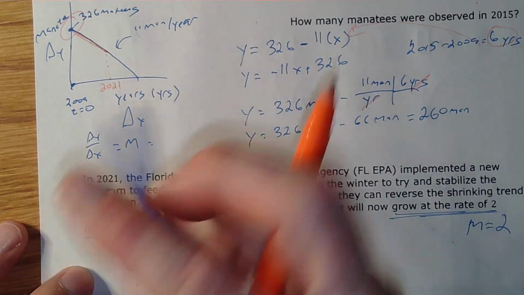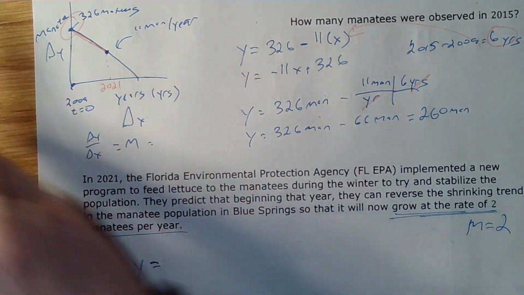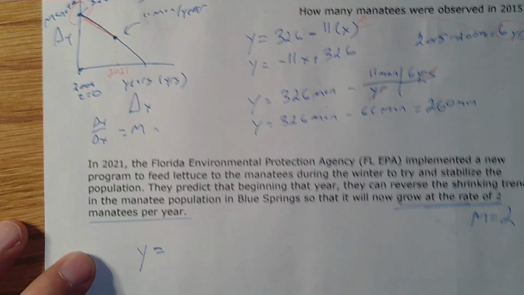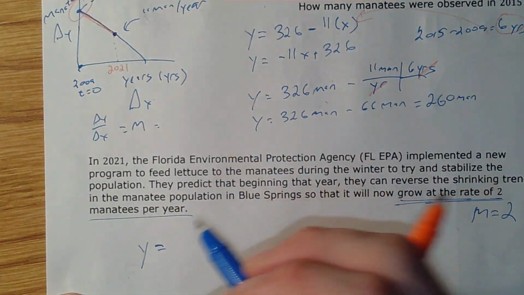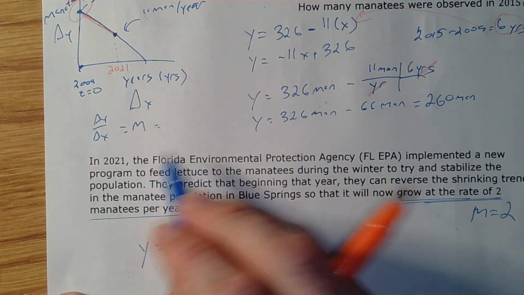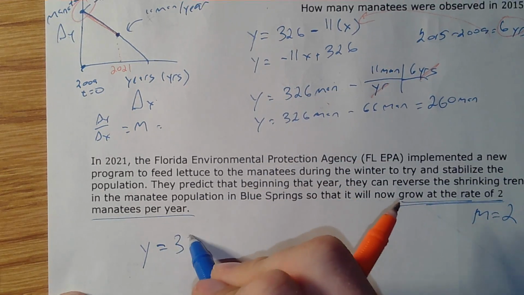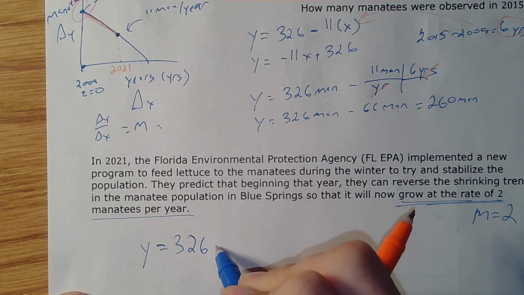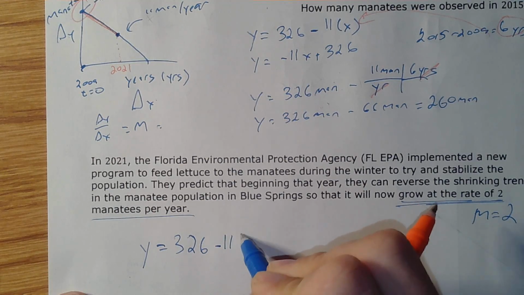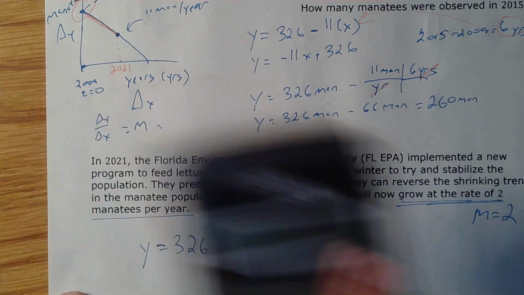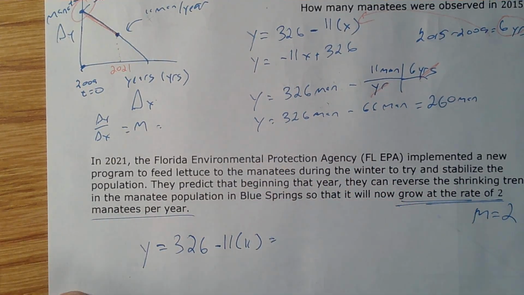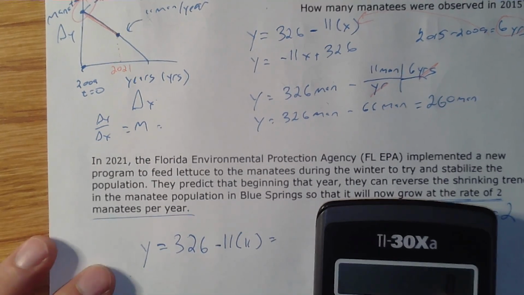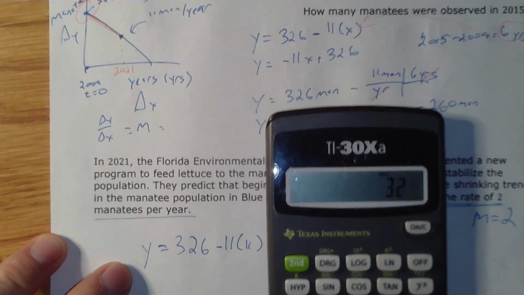So what is our initial population before they started this new manatee recovery thing? So we continue with this. It's 326 minus 11, and now it's 11 years because 2021 minus 11 is that, right? So how many were left when I started this program? So 326.